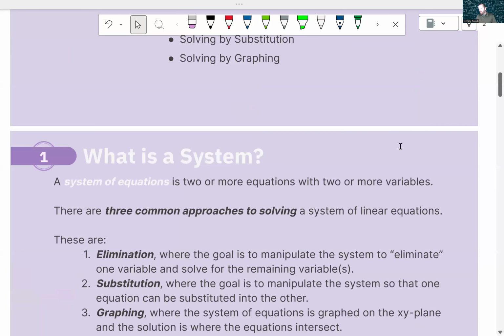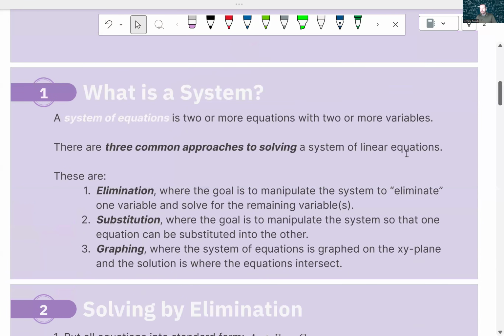So, what is a system of equations? A system of equations is just two or more equations that have two or more variables. Just like our linear equations where we had y equals something x plus a number, we could have two lines on our graph and they make what's called a system of equations.